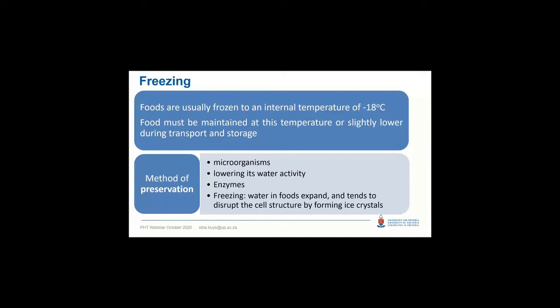So freezing does, however, cause the water in the foods to expand and tend to disrupt the cell structure of the cells by forming ice crystals. And then if we have quick freezing, the ice crystals are smaller, producing less cell damage than with slowly frozen products.